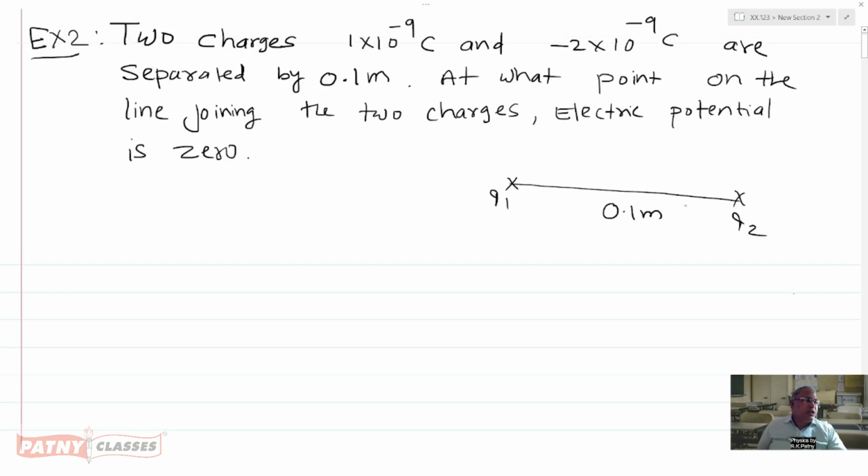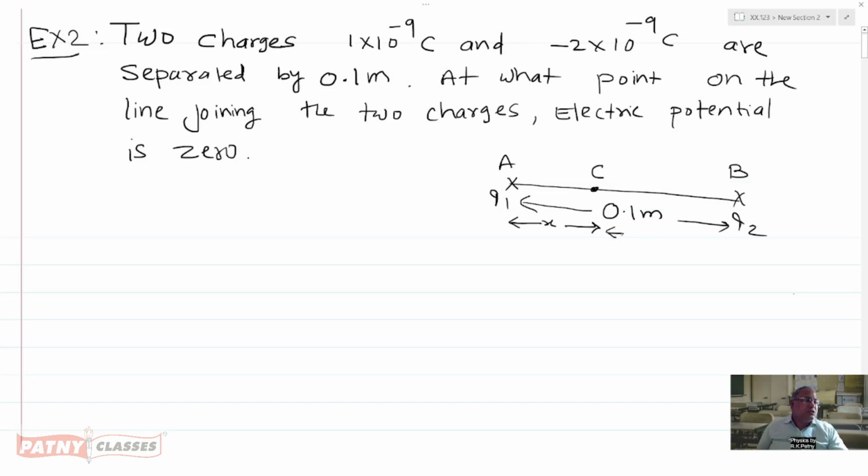Now on the line joining Q1 and Q2, there is some point where the electric potential is 0. Let us call the points A, B, and C. From Q1, point C is at a distance of x, and the total distance is 0.1 meter.